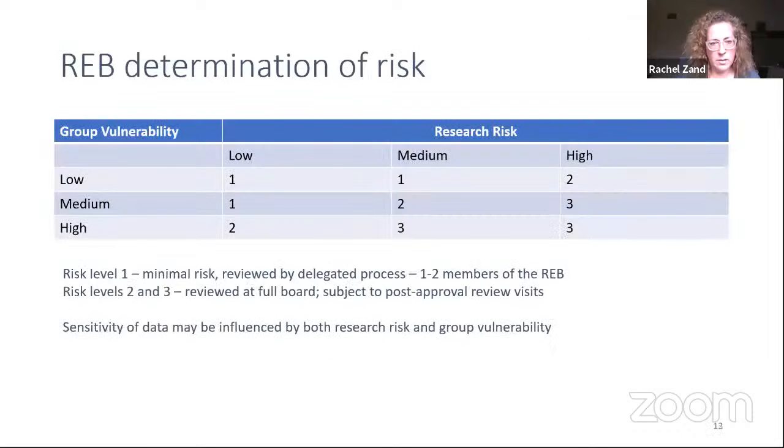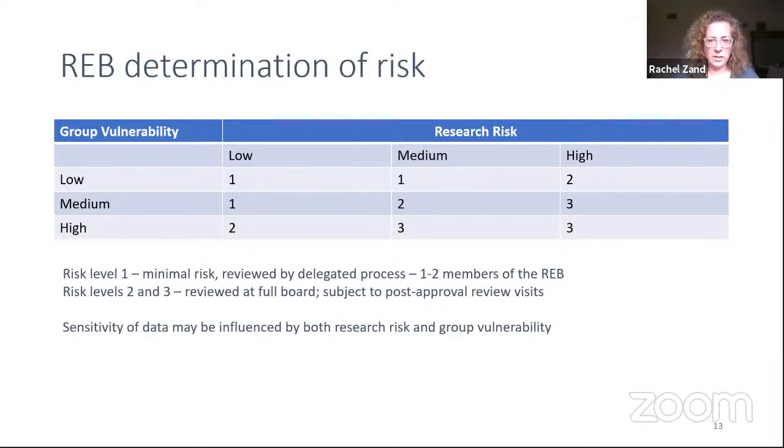So this is how the REB determines risk. So they look at that vulnerability in the context of research. It's low, medium, or high. We then look at the research risk. So that may be the physical intervention, that may be the psychological or emotional aspects of the survey.